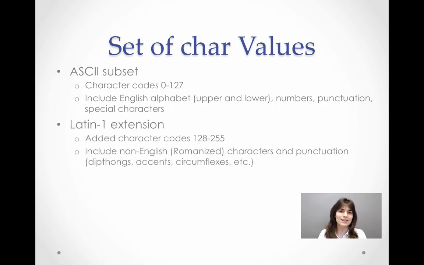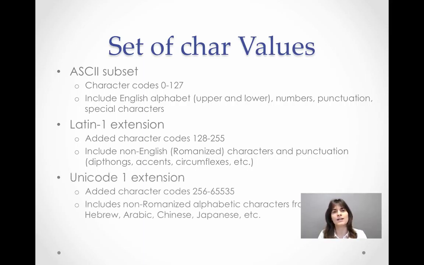The Latin 1 extension added 128 to 255, and it included some non-English characters and some more punctuation. And finally, with the Unicode set, we have a much larger set now, and we are able to represent characters from the Cyrillic alphabet, from Hebrew, Arabic, Chinese, and so forth.